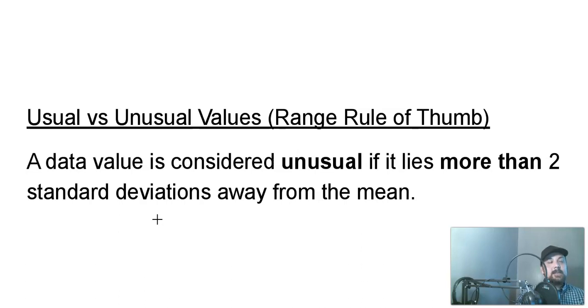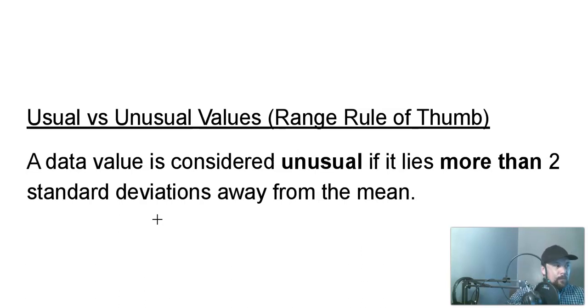It's connected to another rule of thumb: if the chance of that data value occurring is less than 5%. I don't want to say 5% is arbitrary, but it's where we decide to draw the line between what's considered usual and what's considered unusual. Two standard deviations corresponds to this 5% rule.